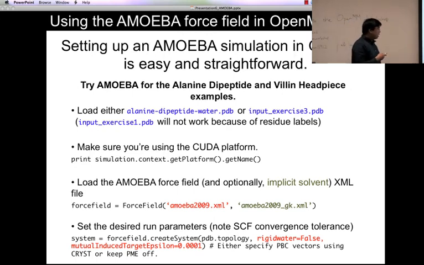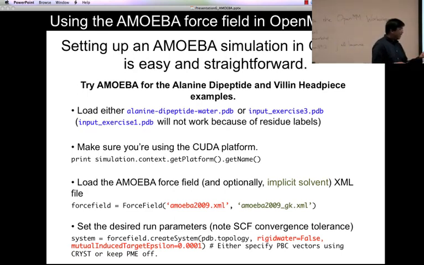When you run an AMOEBA simulation, be sure to set rigid water equals false, because the AMOEBA water model is not rigid, it's flexible. You can also specify the convergence criterion for the mutual induced dipoles. 0.001 is kind of middle of the road.